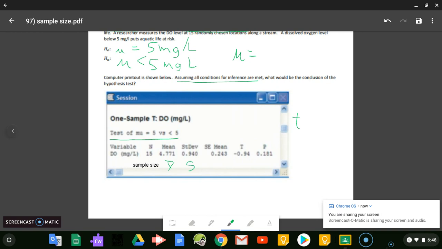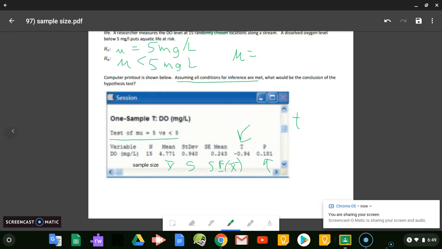This is little s, the standard deviation of our sample. And then this is the standard error of the mean. This is our t-score, and this is our p-value.